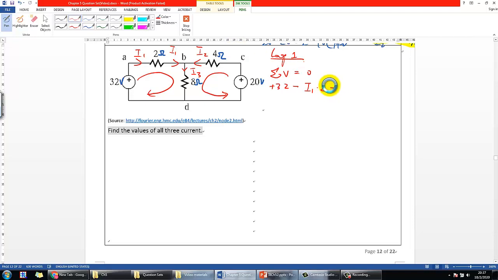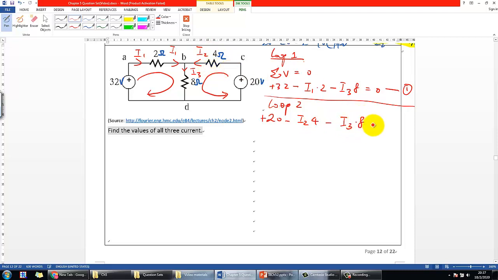Okay, so through the middle, it will be minus I3 times 8. That's equation number 1. For loop 2, okay, I'll write directly this time. It will be positive 20 minus I2 times 4, this one, and same, I3 times 8. Okay, equal to 0. And that's equation 2.